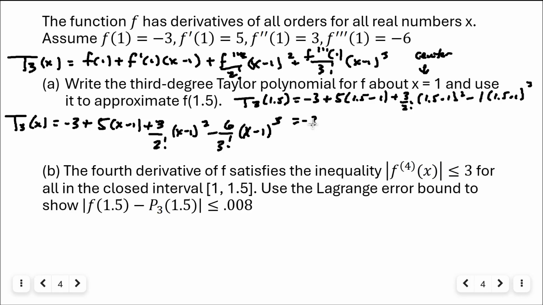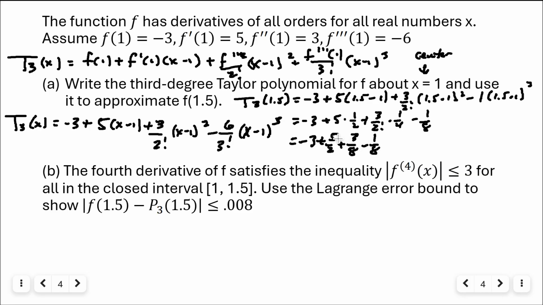So that's going to be negative 3 plus 5 times a half plus 3 over 2 factorial, 1/2 squared is a quarter, minus 1/8, right? Yeah, so that's going to be negative 3 plus 5 over 2 plus 3 over 8 minus 1 over 8.